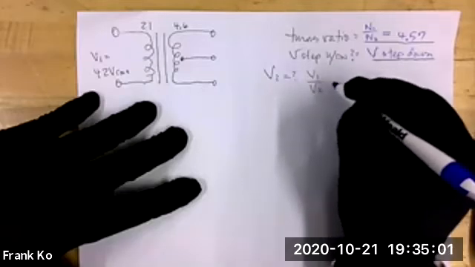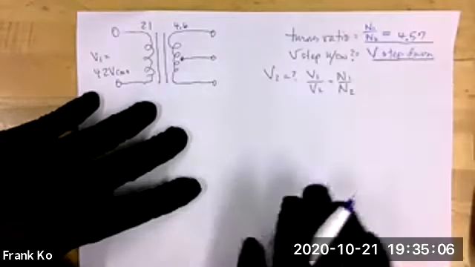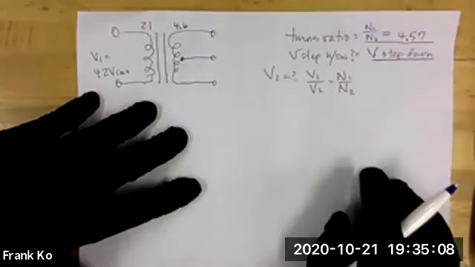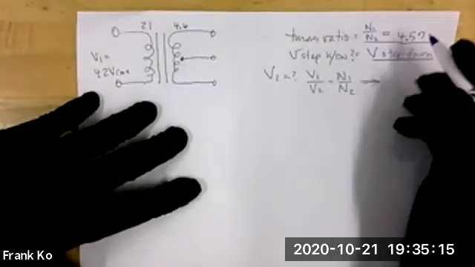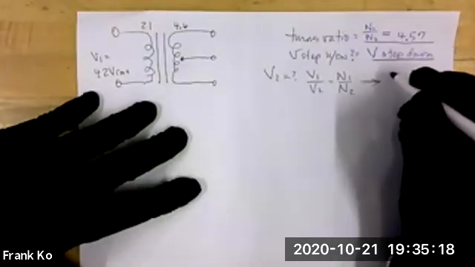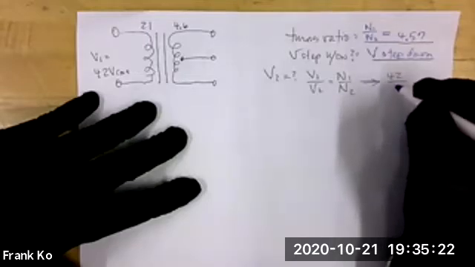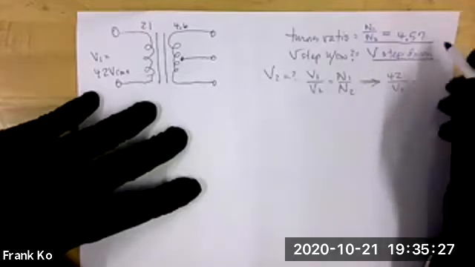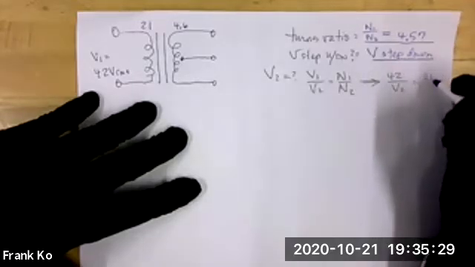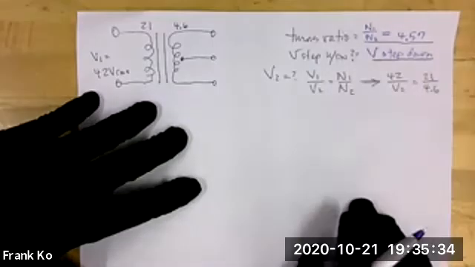V1 over V2 is equal to N1 over N2, as you say. Everybody agree we could use that pair of ratios being equal to each other? Then let's fill in the numbers. V1 would be 42 over V2, and on the other side, N1 over N2 is 21 over 4.6. Everybody okay with that?